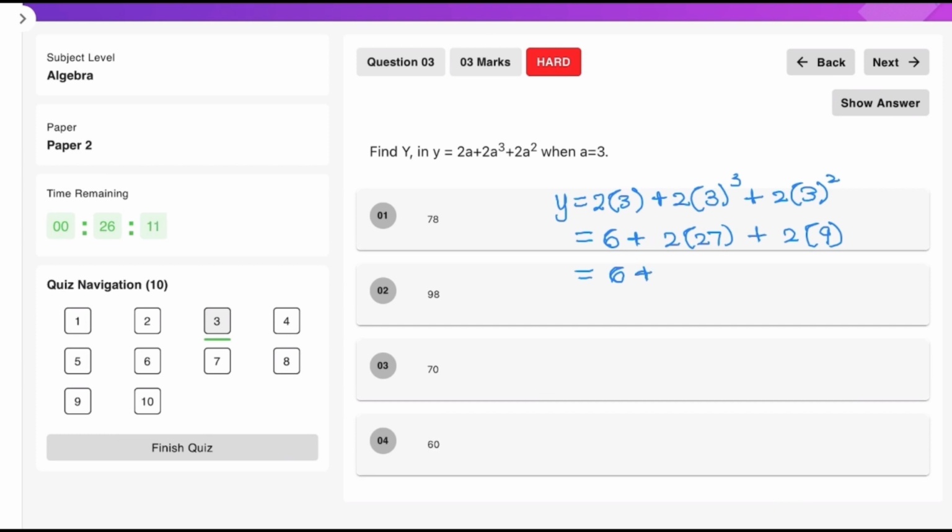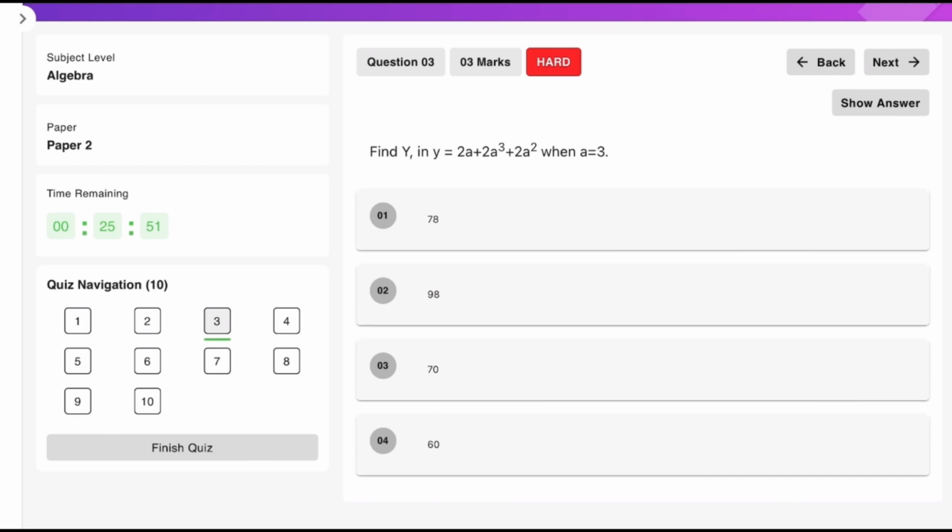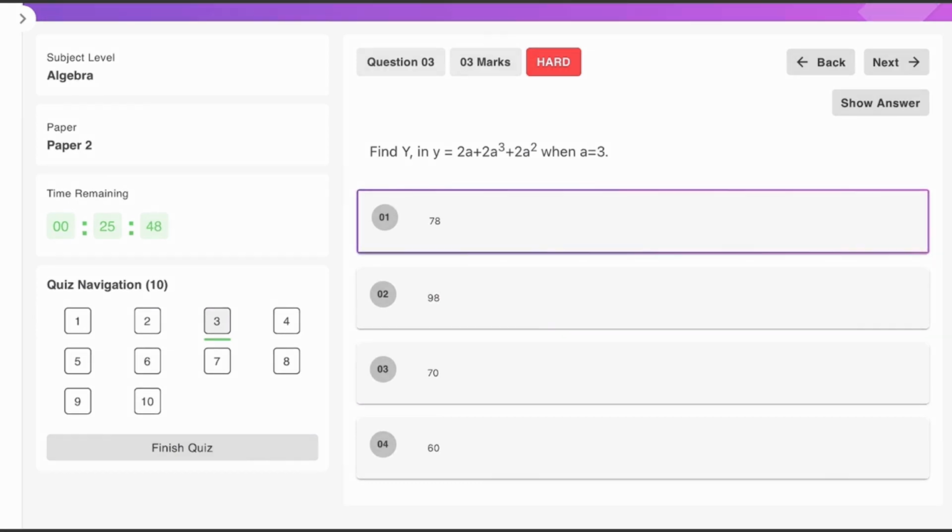So this is going to be 6 plus 54 plus 18, and this will simplify if you add this together. So 6 plus 54 is 60, so that goes to 78. Again, option number 1. And that brings us to the end of our lesson on substitution.